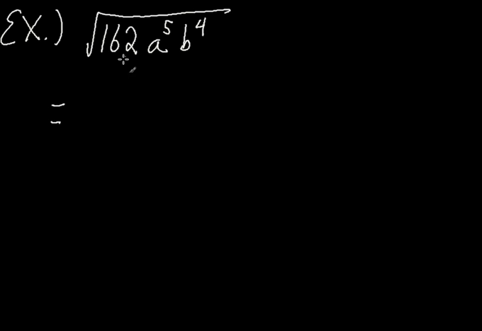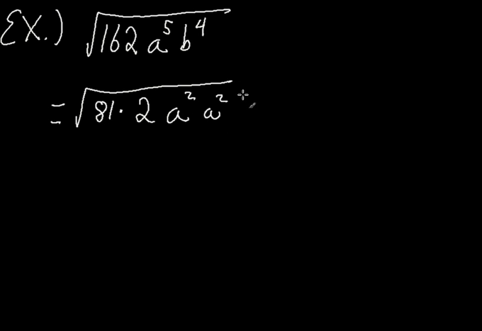Awesome. When I did that, I found that I was able to find another square. So 162 is actually 81 times 2. The 9 is actually in there. And then this a to the 5th, I can break up as a squared times a. Let's write this another way.